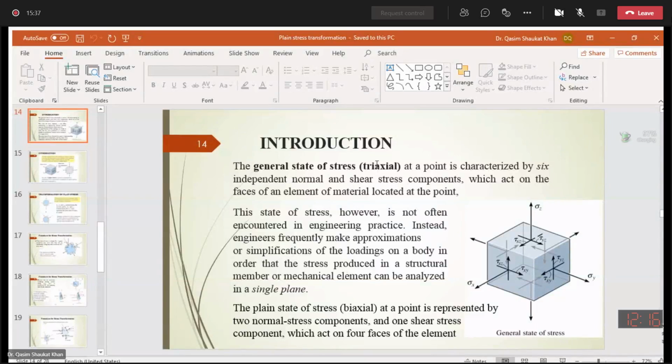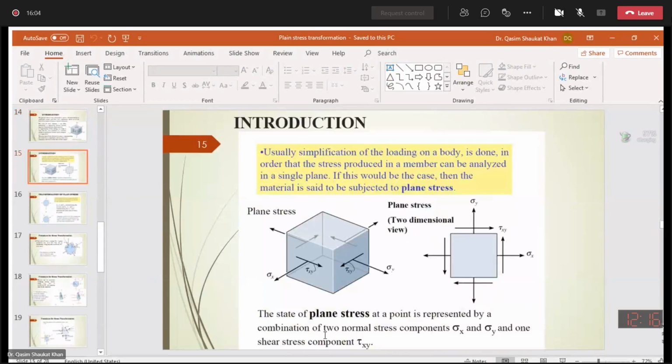The triaxial state was represented by three normal stress components and three shear stress components. Now this biaxial state of stress, the plane state of stress at a point, is represented by two normal stress components and one shear stress component, which act on all four faces of the element.